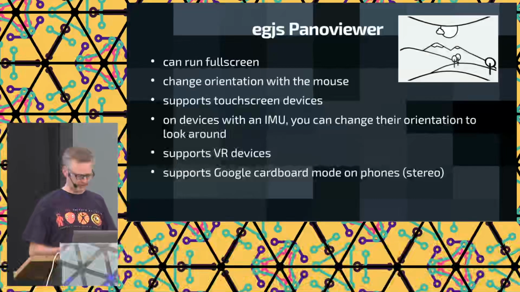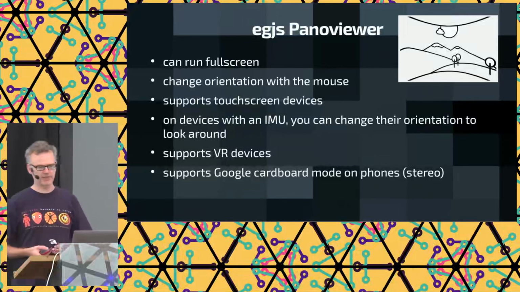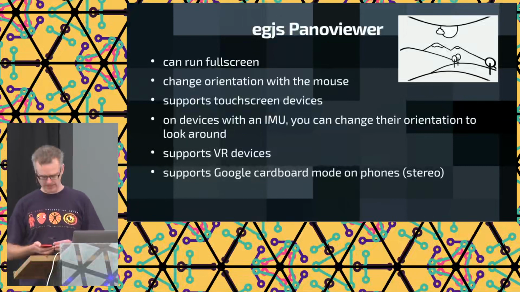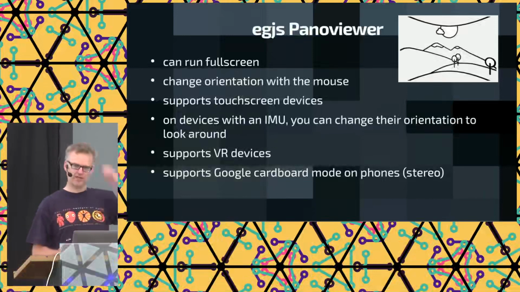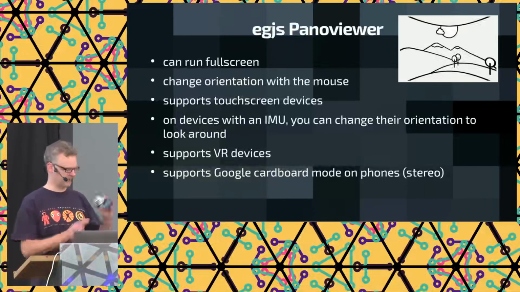So basically, Cardboard is having 2 lenses in front of your phone display, and then having the phone display divided into 2 halves, and every eye sees something else, which means it's stereo. And the PanoViewer supports this, so that's quite nice. So let's check it out.